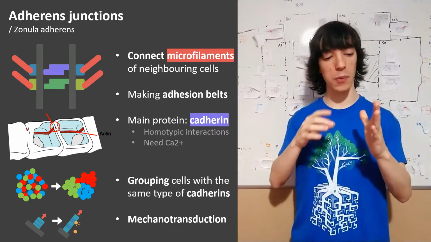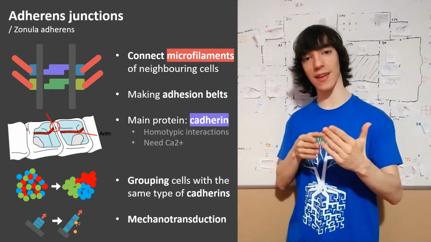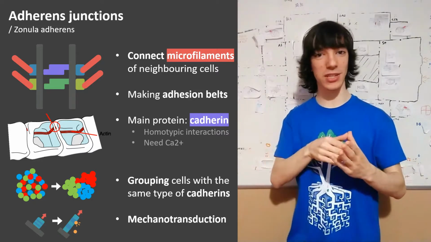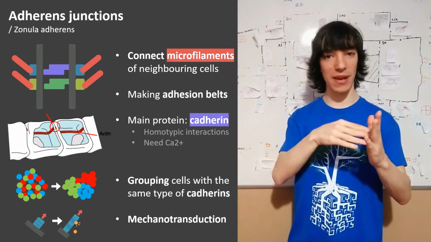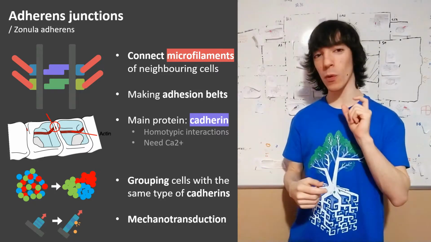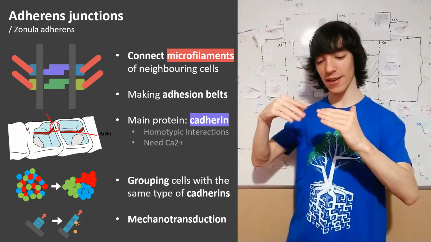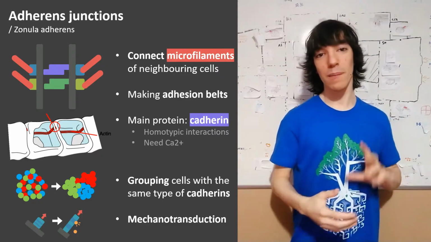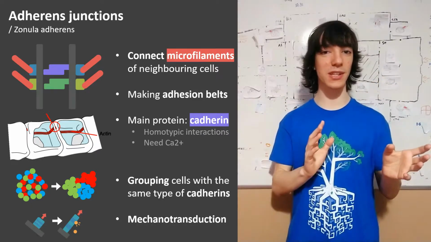Now, depending on how stiff the neighboring cell is, how rigid or resistant to pulling it is, these adherence junctions will either be pulled in the direction that the microfilaments are pulling, or they will stay in place if the neighboring cell is resistant to tension, and it will be proteins in that adherence junction that will stretch, revealing binding sites for other signaling proteins and starting a signaling cascade, basically telling the cell how stiff the neighboring cells and the surrounding tissue is.